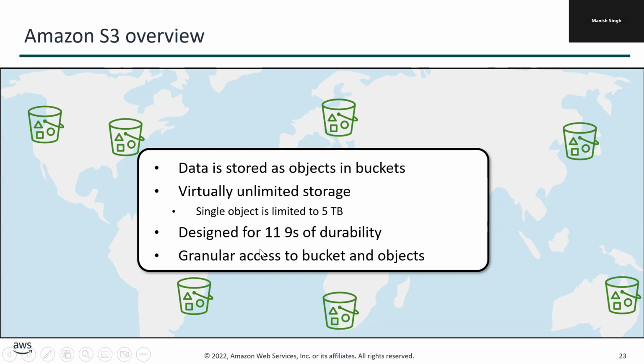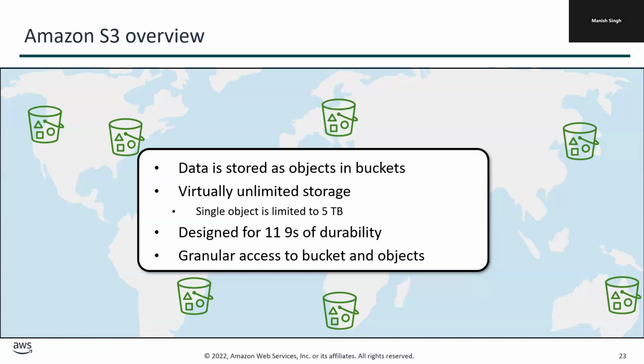It's designed for 11 nines of durability. Now, have we heard 11 nines, 3 nines, that kind of unit before? When someone says 11 nines, it's the number of nines after the decimal. So it's 99.99999999999 up to 11 nines durability.